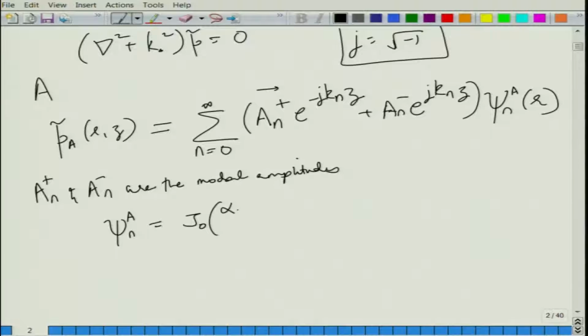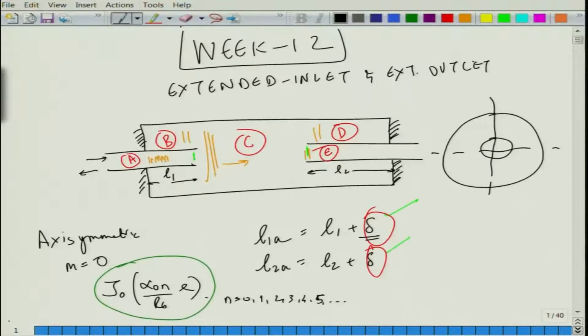I will just drop m, so initially it was m n, divided by, let us say, the radius of this. Let us have equal radii, let us say A, for these ducts, as is usually the case, and the radius of this can be thought of as r naught, small r naught.